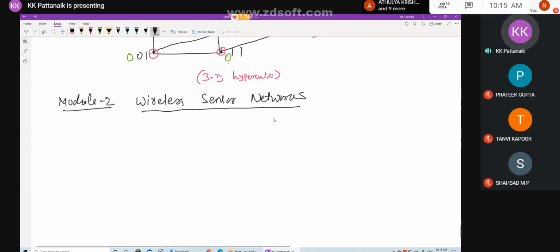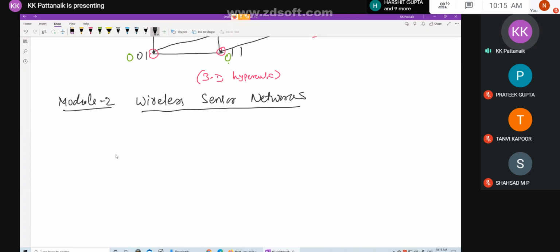So as we know, the network is nothing but an interconnection of nodes. Here in this case, the nodes will be wireless nodes, and these nodes specifically are the sensor nodes, which possess certain special capabilities compared to other nodes.